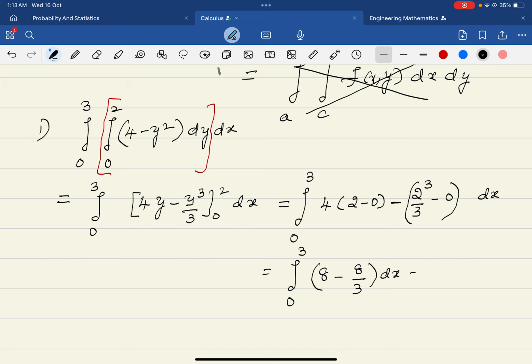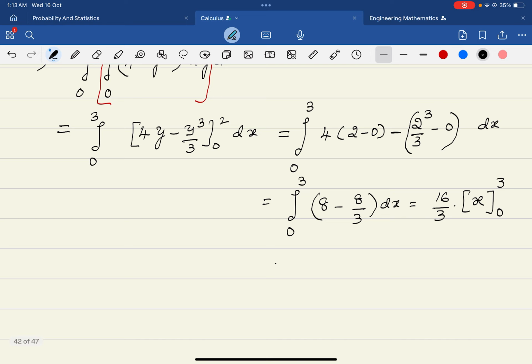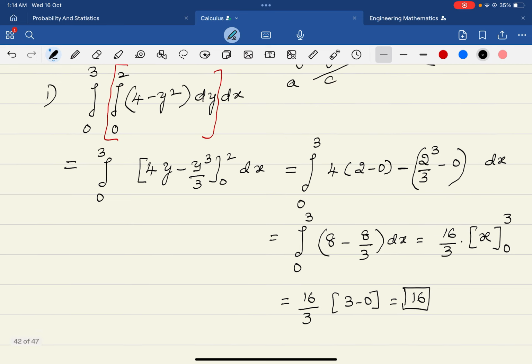So it is 24 minus 8, which is 16 by 3, times the integral of dx. The integral of dx is x within the limits 0 to 3. Again apply the limits: 16 by 3 times upper limit minus the lower limit, that is 16 by 3 times 3, which is equal to 16. So this is the solution of this double integral.